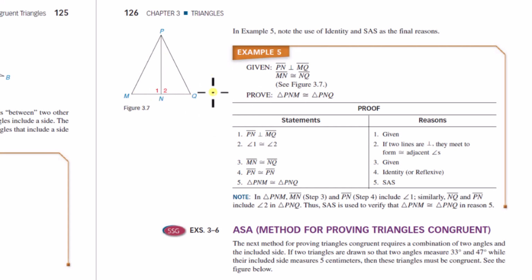And so to go through the proof, one thing you're going to state is that these two triangles share a common side here, right? From an official mathematical standpoint, you're still going to need to make a statement that these two side lengths of the triangles are congruent.